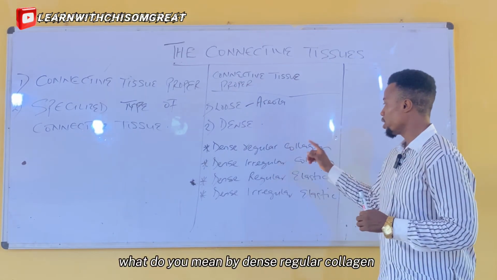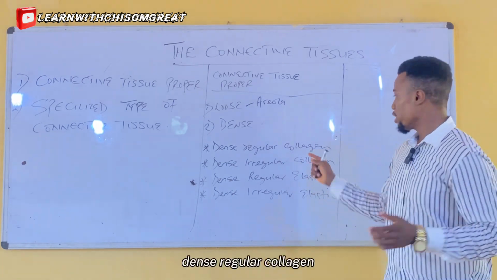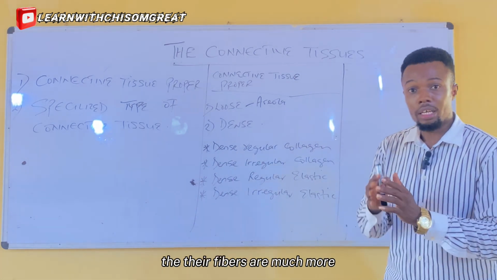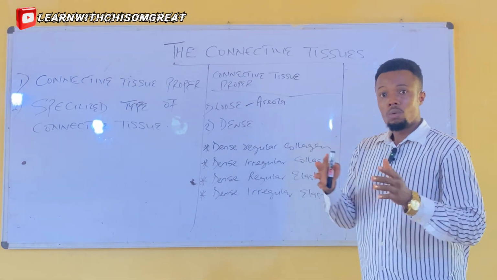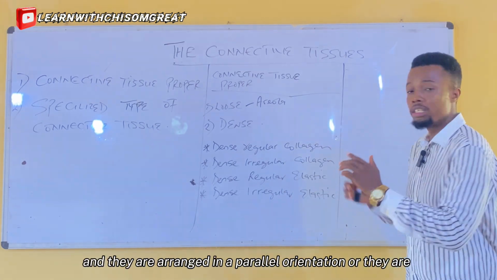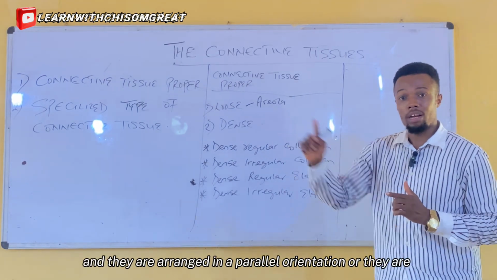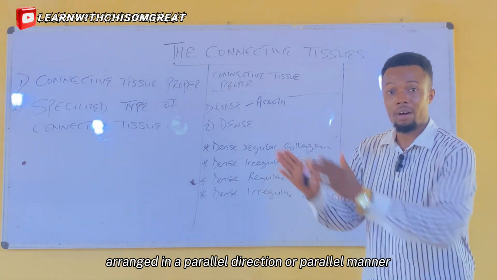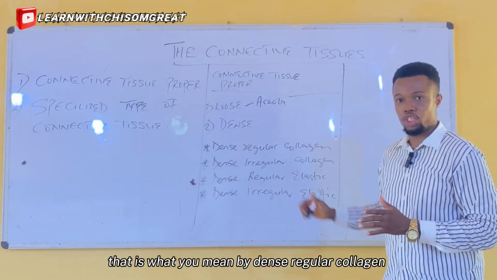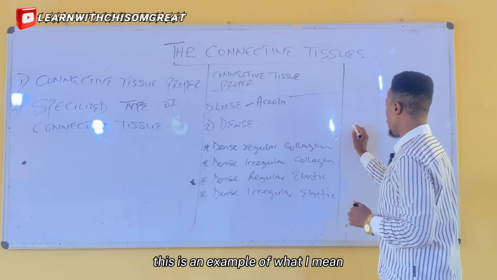What do we mean by dense regular collagen? Dense regular collagen means that the collagenous fibers are dense. The fibers are much more when compared to the cells, and they are arranged in a parallel orientation, or a parallel manner. That is what we mean by dense regular collagen. This is an example of what I mean.